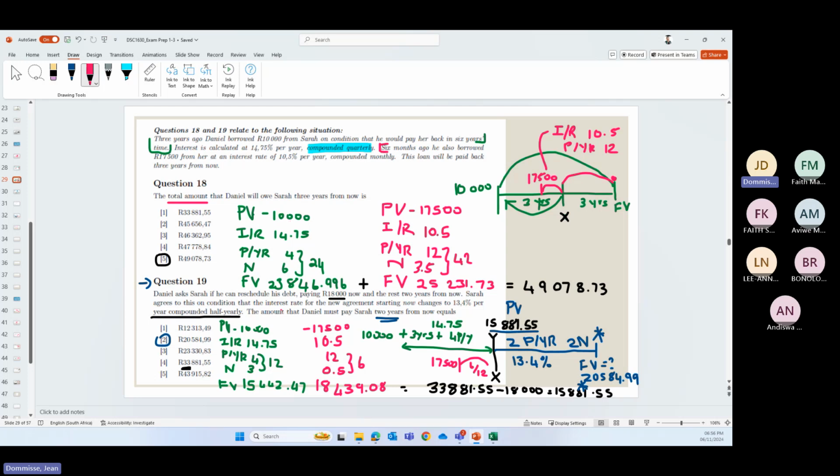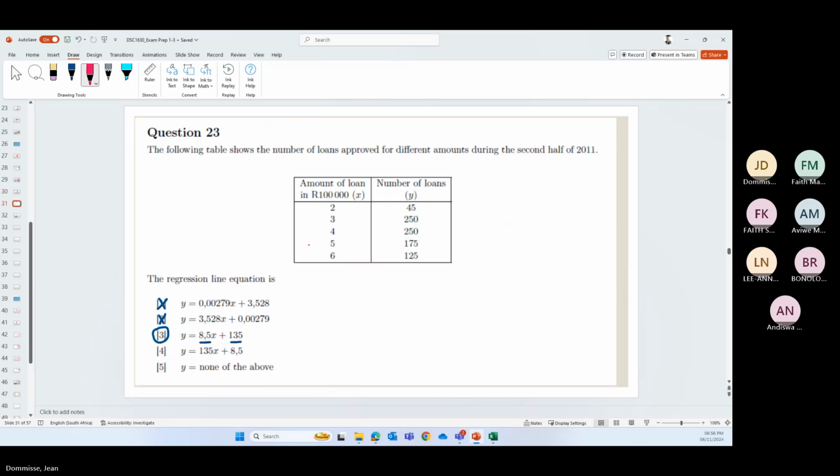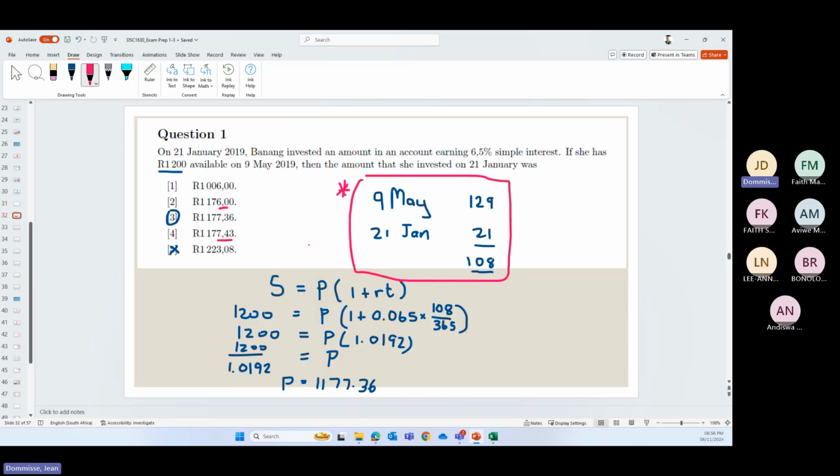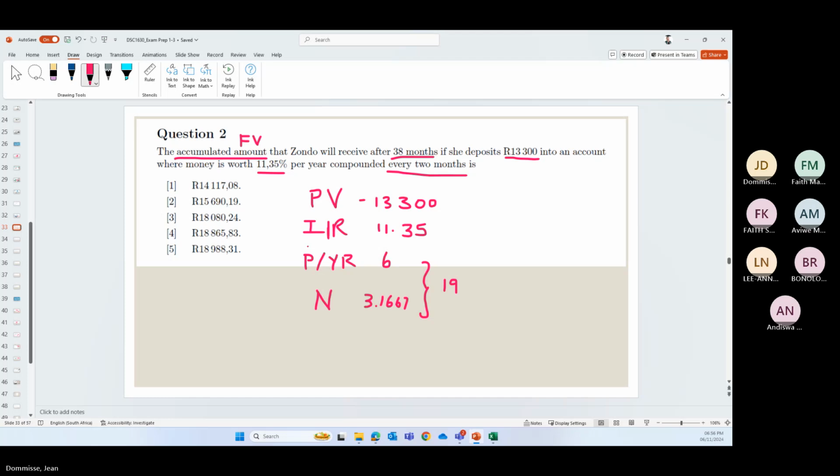So it's very important how to look for those things in the exam as well, because I like talking about present value, future value, because those are the things we know are on our calculator.